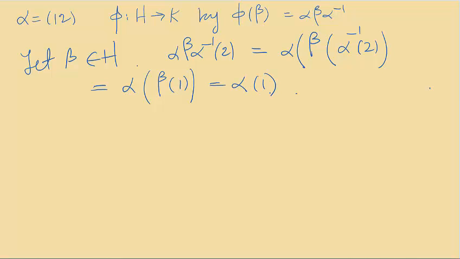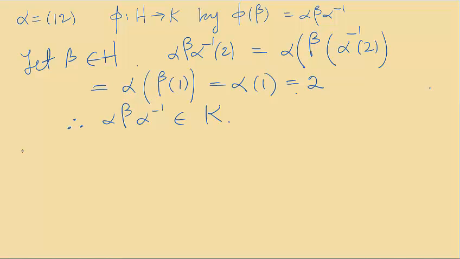And alpha is our 2-cycle (1 2), so alpha of 1 is equal to 2. Therefore, we can conclude that alpha beta alpha inverse is an element of K, and therefore our mapping is well defined. So we go on now to show that it is 1 to 1 and onto, and that it preserves the operation.